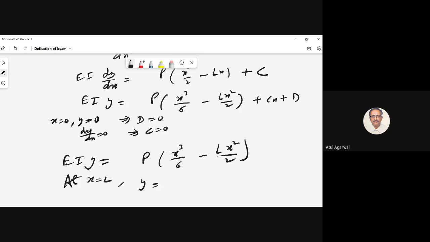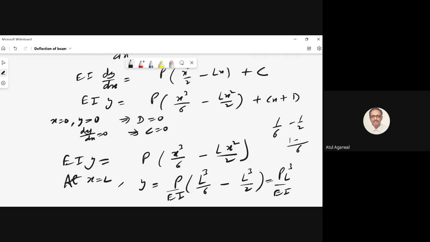Put the value of x is equal to L, P into L cube by 6 minus L cube by 2. So what do you get? PL cube divided by EI. What is 1 by 6 minus 1 by 2? 1 minus 3 by 6. You get minus 2 by 6. So minus 1 by 3.